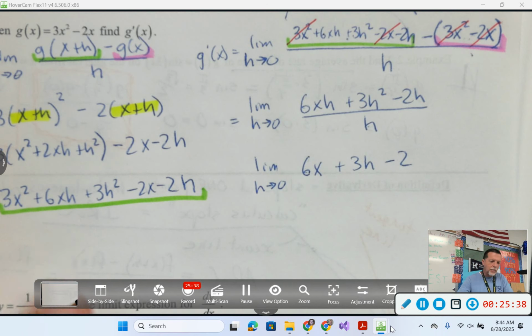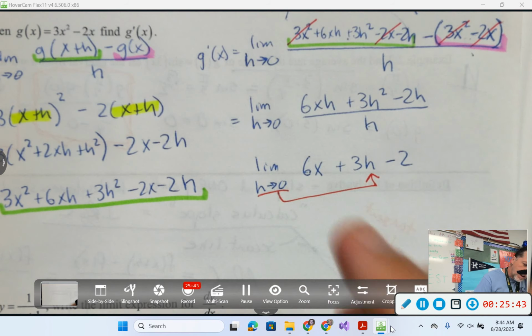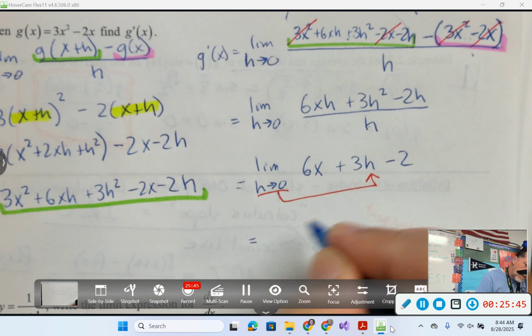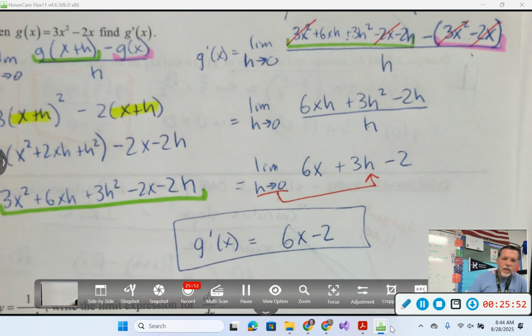And now we can substitute and have it work. So 6x minus 2 is the derivative of g.